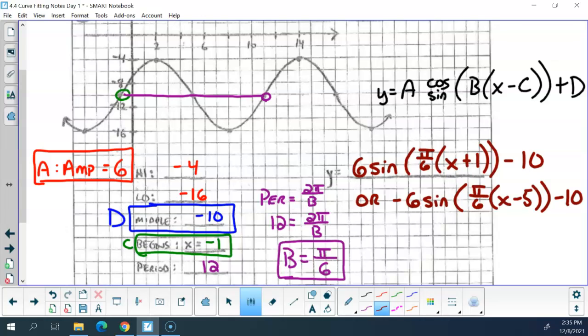Or we could have gone 6 sine negative pi over 6.